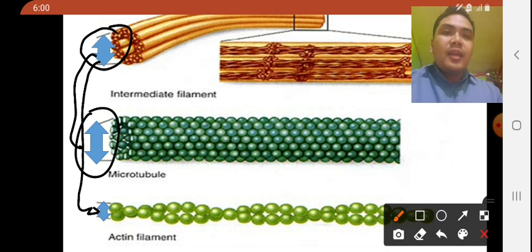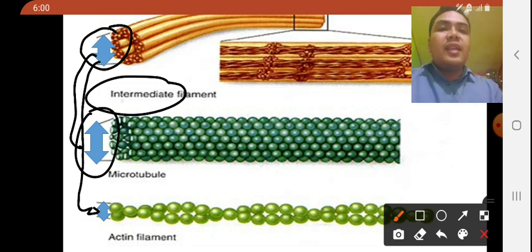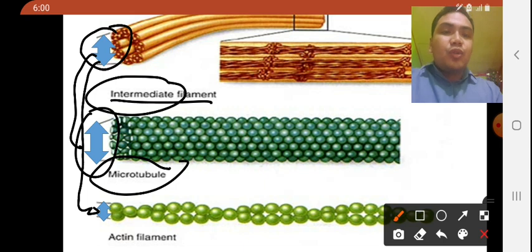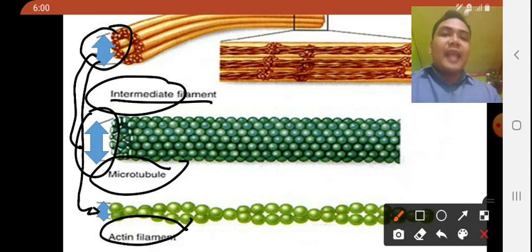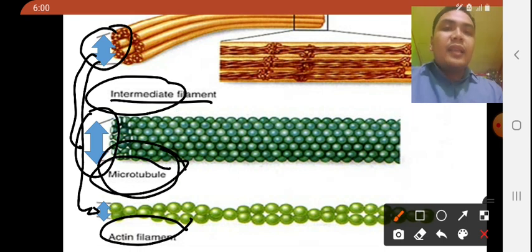That is why we use the term intermediate, meaning the diameter size of this type of filament is in between the microtubule and actin filament. That is, the diameter of the intermediate filament is smaller than the microtubule, but it is larger than the actin filament.